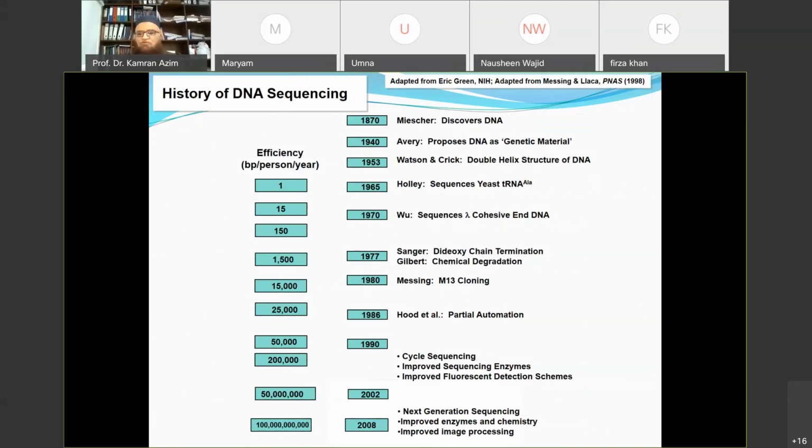The breakthrough year was 1977, when two different groups working in different labs in different countries simultaneously reported two different methods for DNA sequencing.